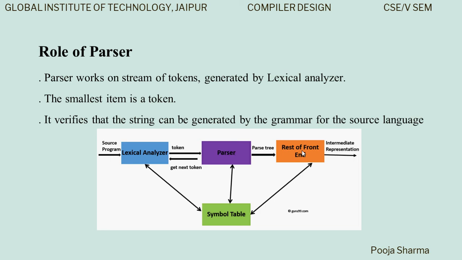One is a yes or no answer: whether the source program that is given follows the grammar or not. If the source program follows the grammar, then the parser will answer yes. If it does not follow the grammar, it will answer no.